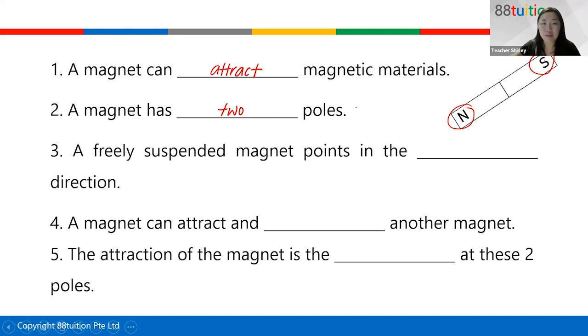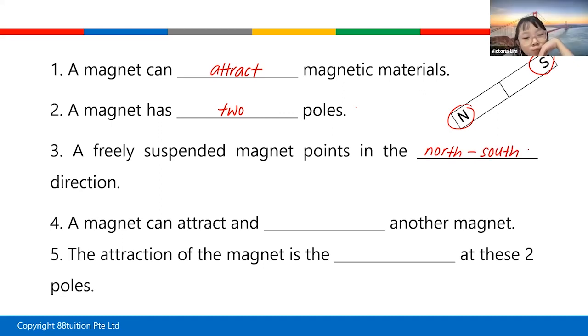A freely suspended magnet points in the north-south direction. That means if you hang a magnet, freely suspended, maybe off a retort stand, it will naturally face north and south because of the magnetic field around us. That's why there's a north pole and a south pole.